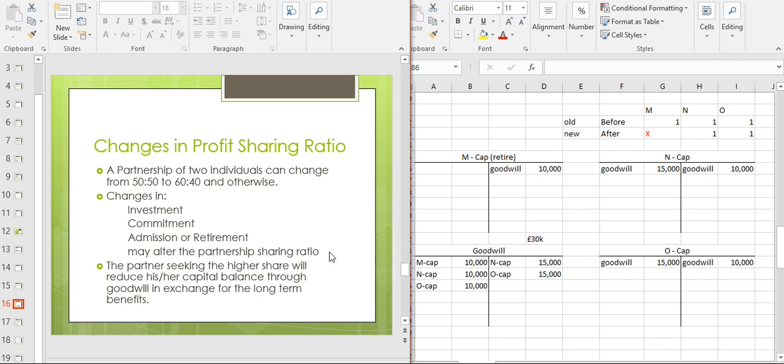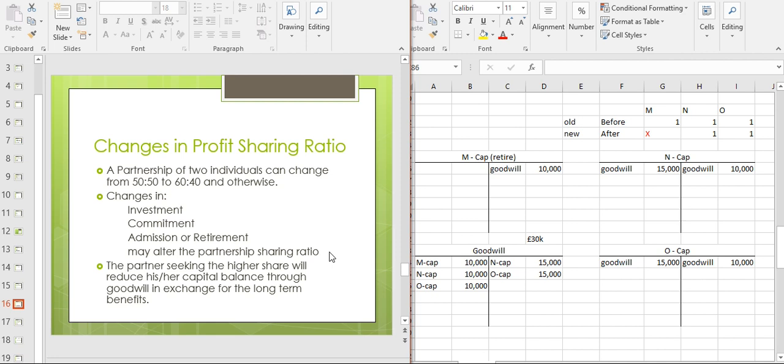Now, generally speaking, what happens is if a partner wants more of a share in the business, so they want a higher level of equity, they will have to give up some of their capital in exchange for more share, and they will have to pay off.